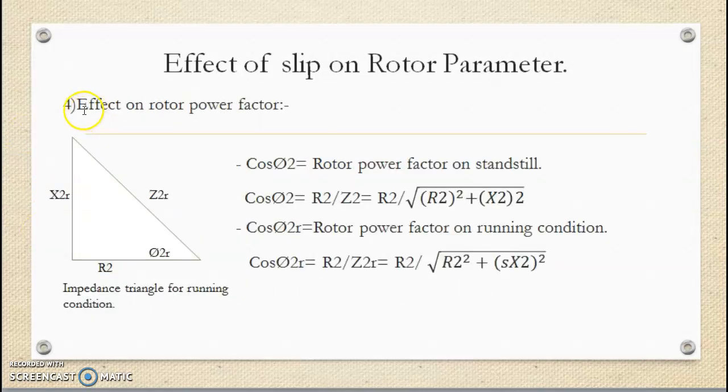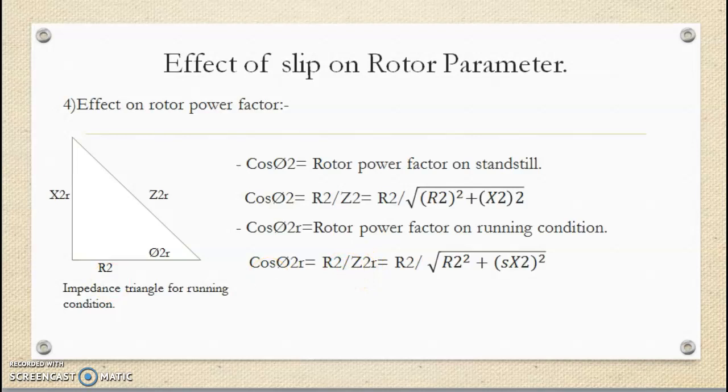The next, fourth parameter is the effect on rotor power factor. So this is the impedance triangle for a rotor on running condition. This is Z2R, this is R2 and this is X2R. Suppose this angle is phi 2R, the rotor power factor at running condition. So cos phi 2R is equal to adjacent upon hypotenuse, so R2 by Z2R.